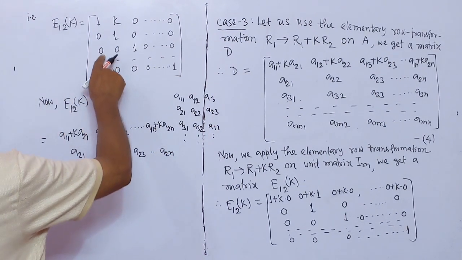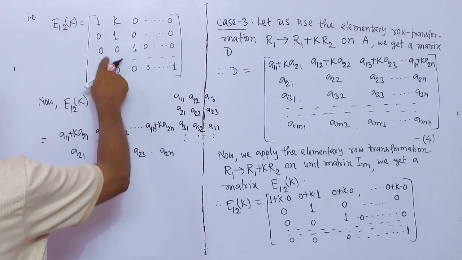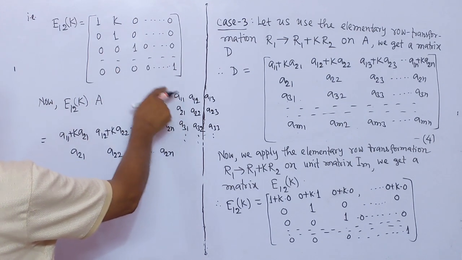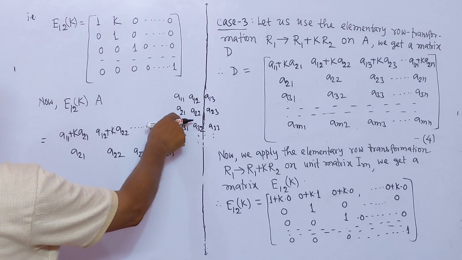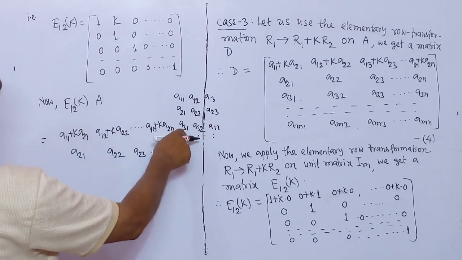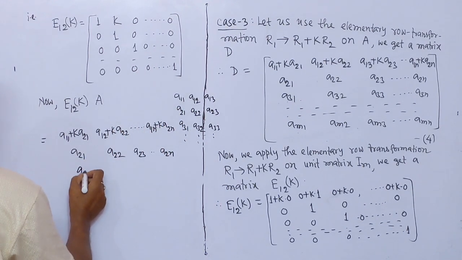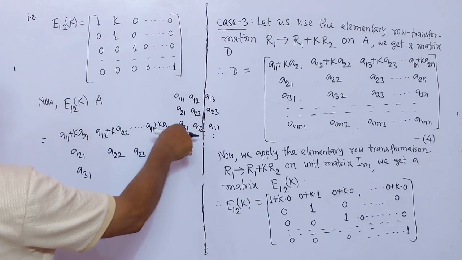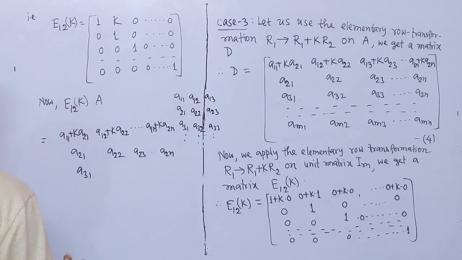Now, third row, first column, 0 multiply A11, 0 plus 0 multiply A21, 0, 1 multiply A31, A31, 0 multiply A41 and others are 0.